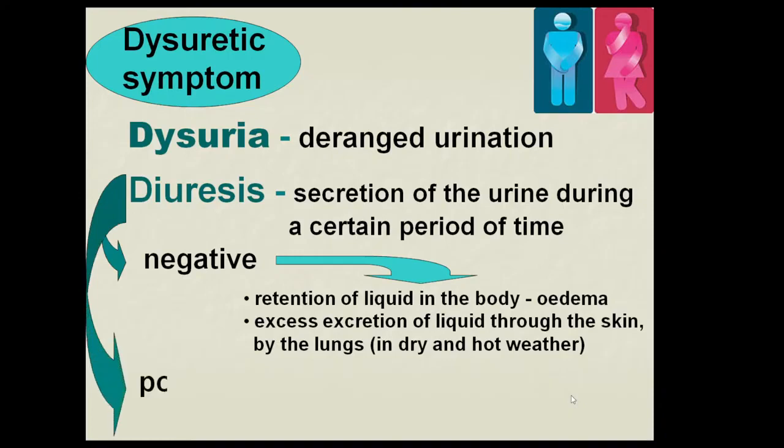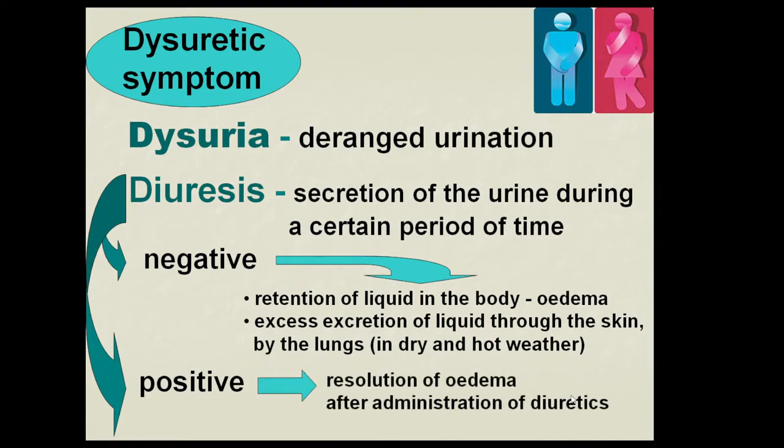Positive diuresis is the opposite correlation. The amount of urine exceeds intake liquid. It may occur if the patient takes diuretic medicines. In other words, it is characteristic for the period of resolution of edema, and if we prescribe diuretic medicines, the amount of urine must be more than intake liquid.